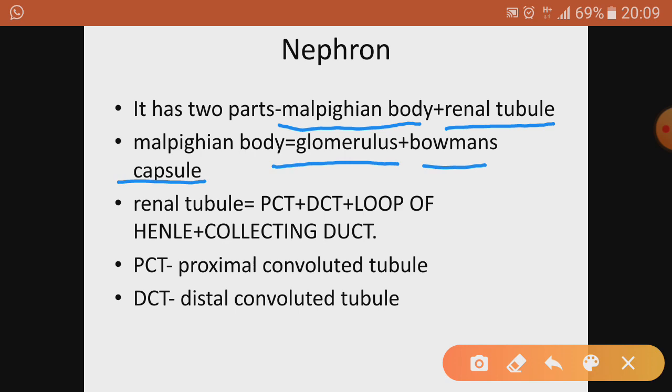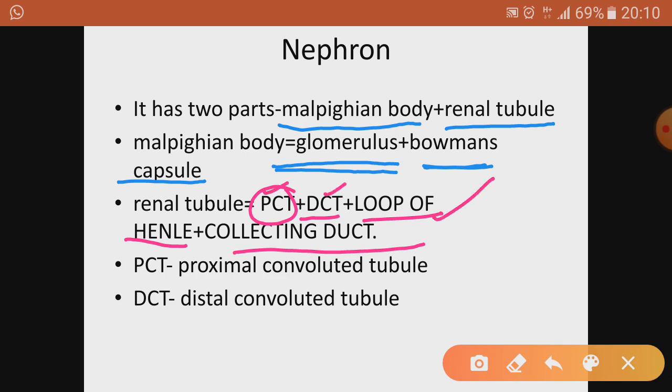So the Malpighian body has the glomerulus and the Bowman's capsule, and the renal tubule, the lower part, has PCT, DCT, loop of Henle and collecting duct. The full form of PCT is proximal convoluted tubule.